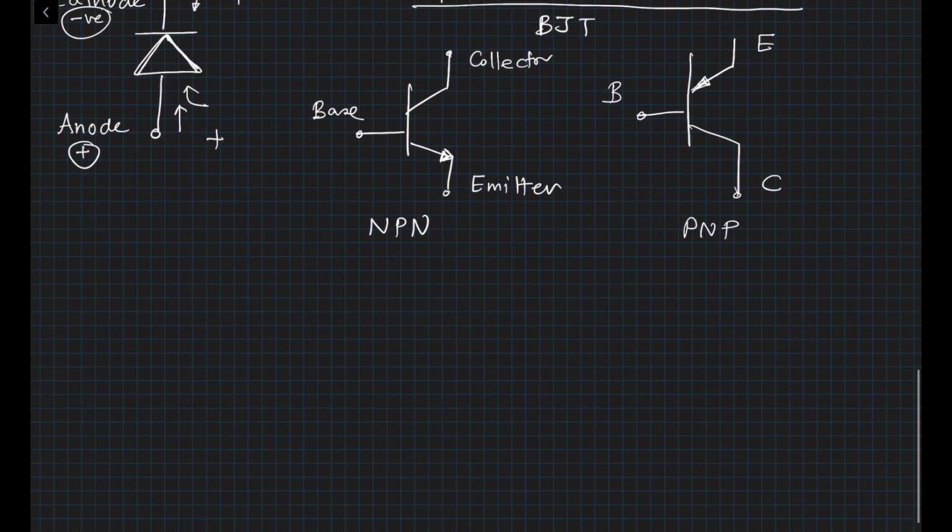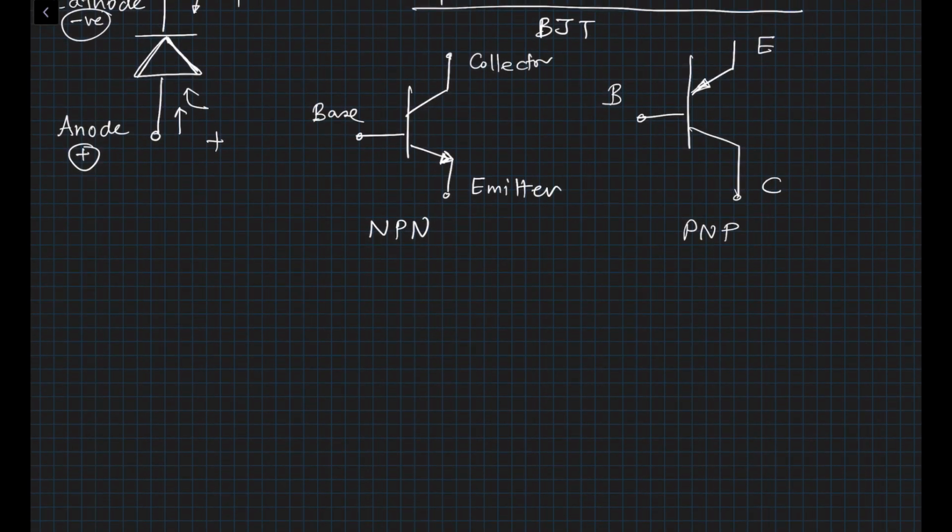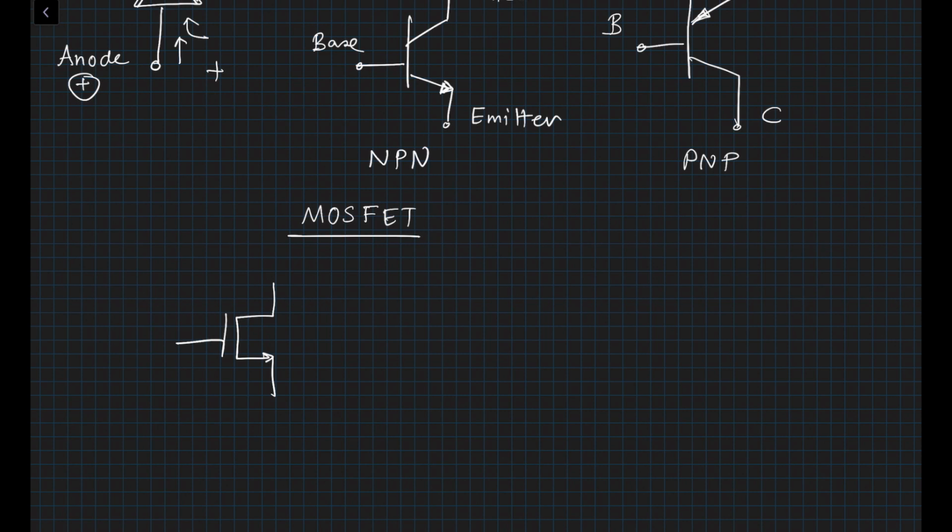The next transistor, the most popular transistor that you will get to play with, is called the metal oxide semiconductor transistor, or MOSFET. And the symbol for the MOSFET transistor is as follows. This one is called an NMOS transistor or NMOSFET, and wherever you have an arrow, that particular terminal is called the source.